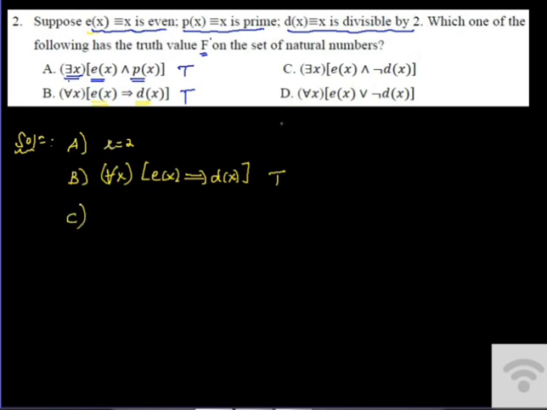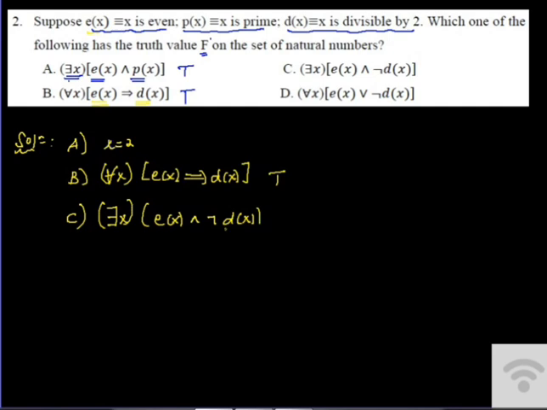Let's see the other choice. The choice in C: there exists a natural number x which is even and not divisible by 2.